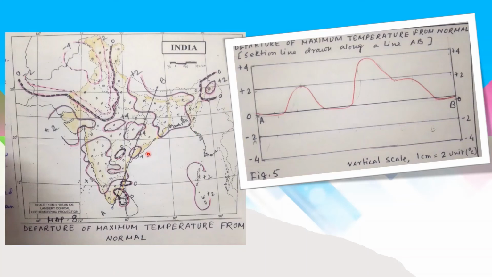While parts of Maharashtra, Karnataka, Kerala, and Andhra Pradesh have also recorded above 2 degrees centigrade temperature than normal. So it can be interpreted in this way.